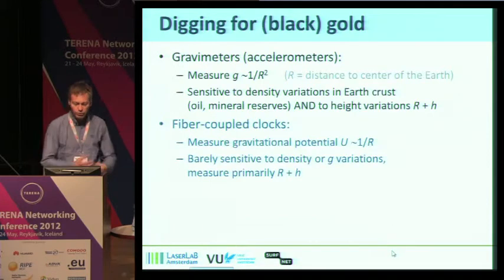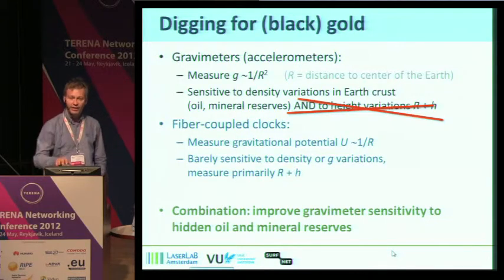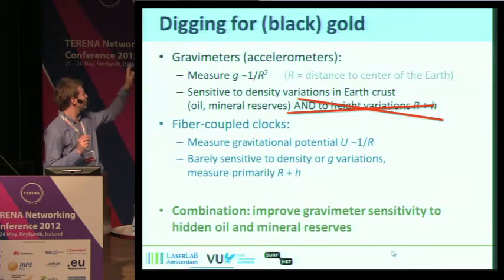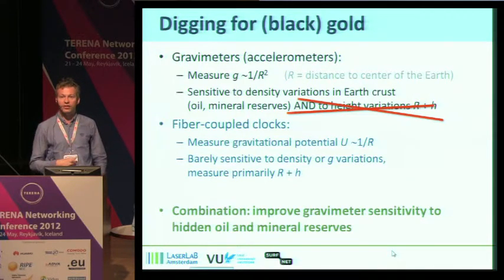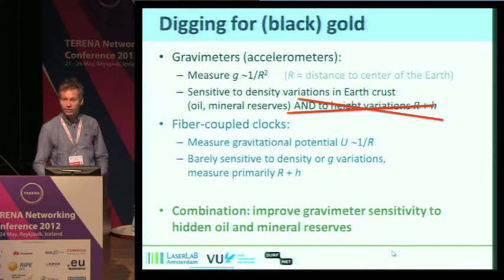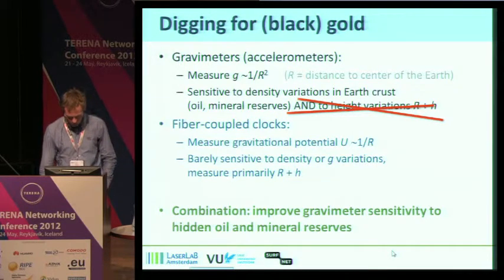Now, if you would use fiber-coupled optical clocks to measure the gravitational potential, you would basically be measuring the height so that you can separate out the height variation from the density variation, and you can actually improve the sensitivity of these gravimeters to density variations, and you can be more sensitive to searches for gas and oil and so on.